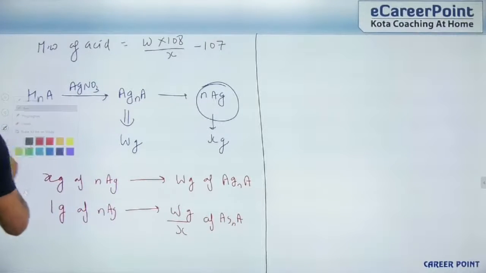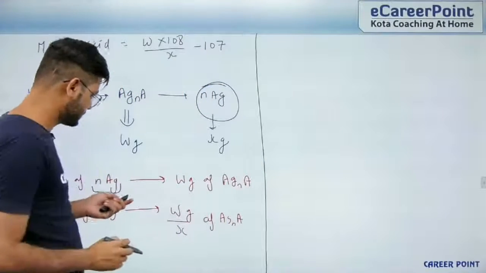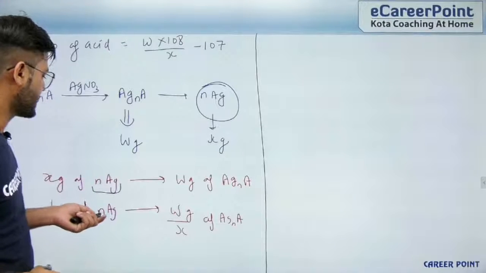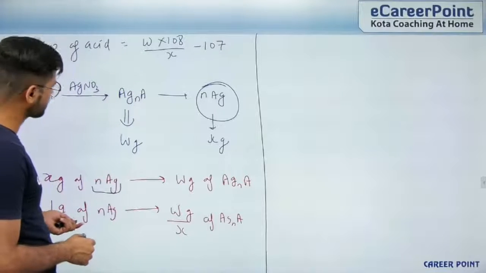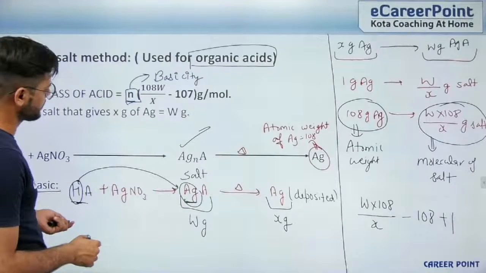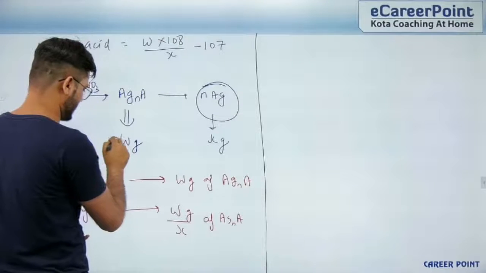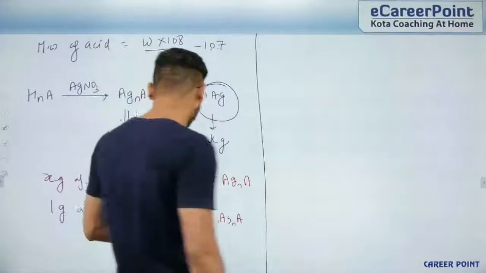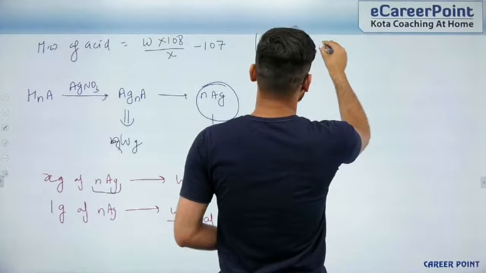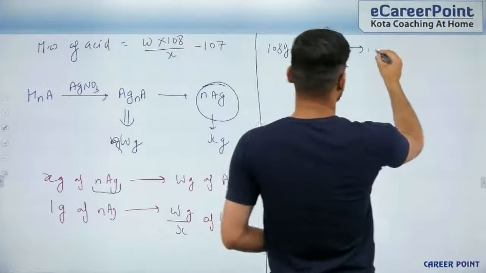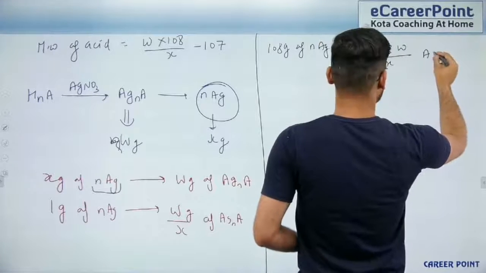Okay. Now if I talk about the 108 gram, let's say this is nAg. So this will be, let's say, nW gram, because this is nX. Okay, just a minute. Now 108 gram, like the previous one, of Ag will be deposited by 108 W by X of AgnA salt.